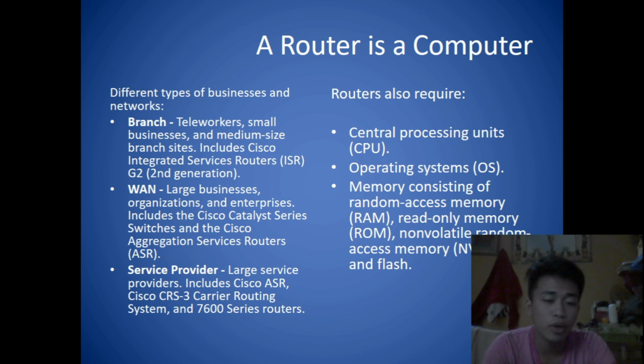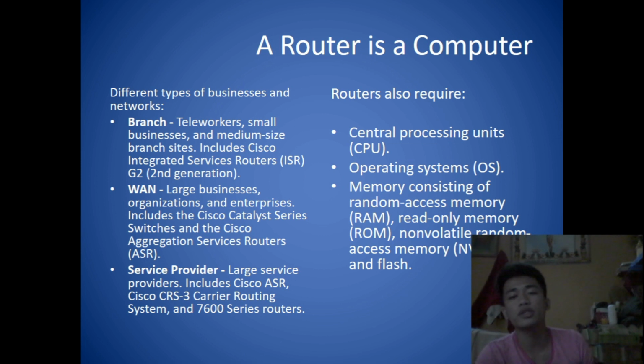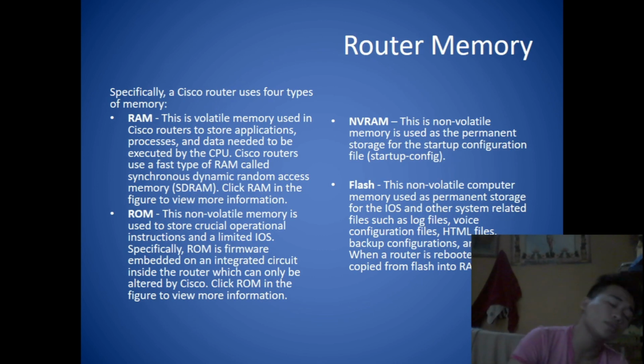Large service providers include Cisco ASR, Cisco CRS, the Carrier Routing System, and 7600 series routers. A router also requires a central processing unit or CPU, an operating system or OS, and memory consisting of random access memory, RAM, read-only memory or ROM, non-volatile random access memory, NVRAM, and flash.